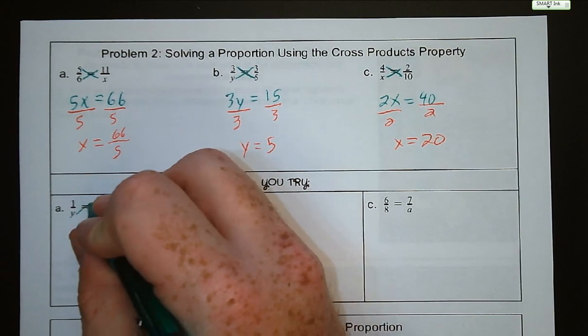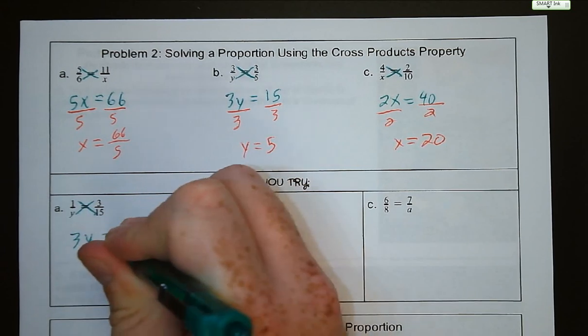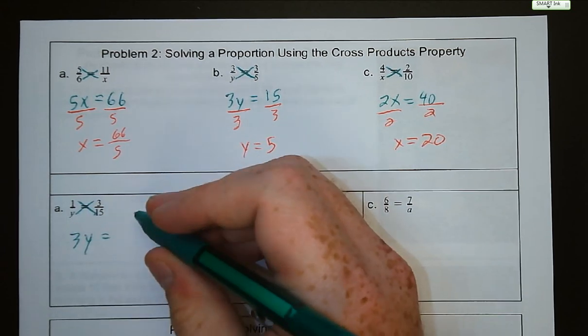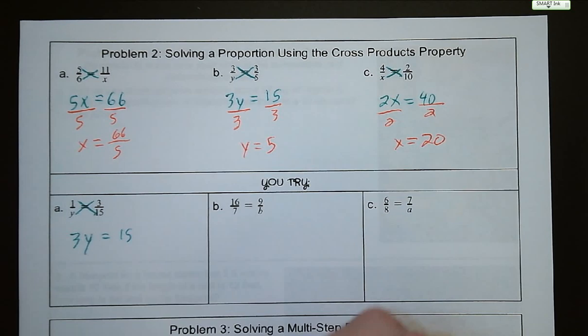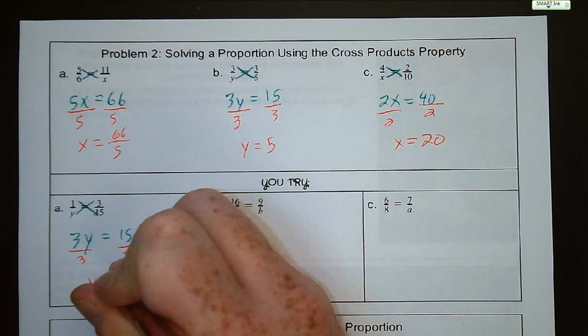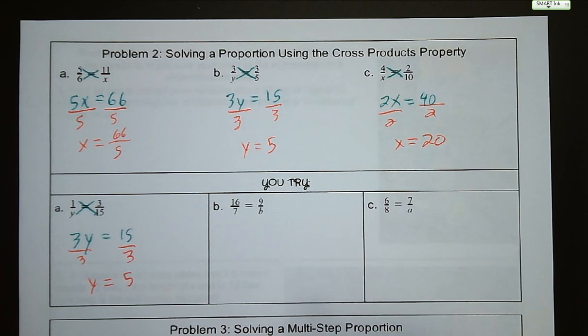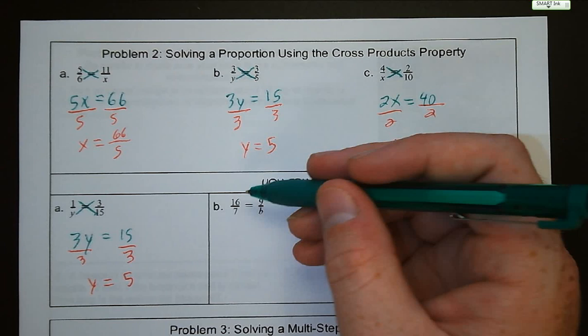Okay, so we have 3 times y, which is 3y, is equal to 1 times 15, which is 15. Divide both sides of the equation by 3, and y is equal to 5. Letter B, 16 over 7 equals 9 over b.